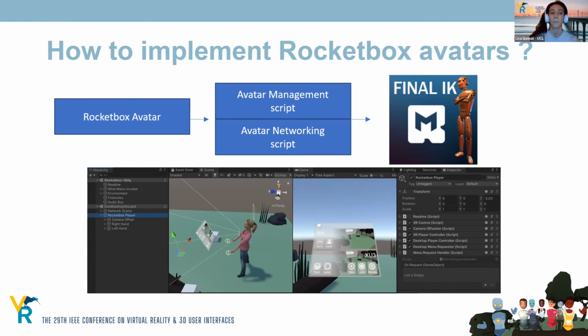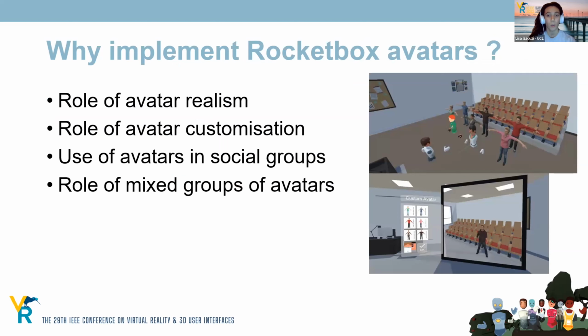But for experiences with avatars walking around the environment, FinalIK has been used for the past months for our own experiments. Why we decided to have this Rocketbox avatar implemented in Ubiq is that, as we presented Ubiq as a social VR platform, we want to be able to offer a variety of different avatars to our users, and also for experimenters to be able to work on the role of avatar realism and also customization, and to be able to implement different types of mixed groups of avatars for their experiments.